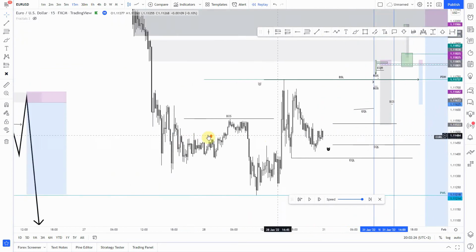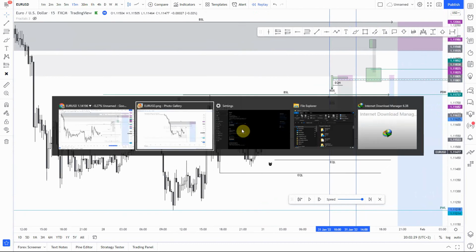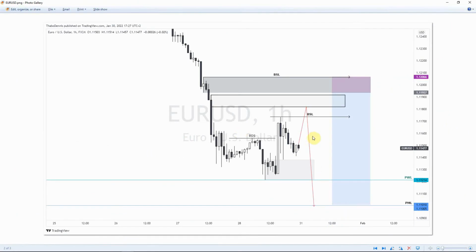I'm not sure whether you could remember from this picture that I was expecting price to take this buy side liquidity and tap into the drop base drop, either this one or that one on top. I was fine. So whichever was going to reverse price, I was gonna take the trade there.